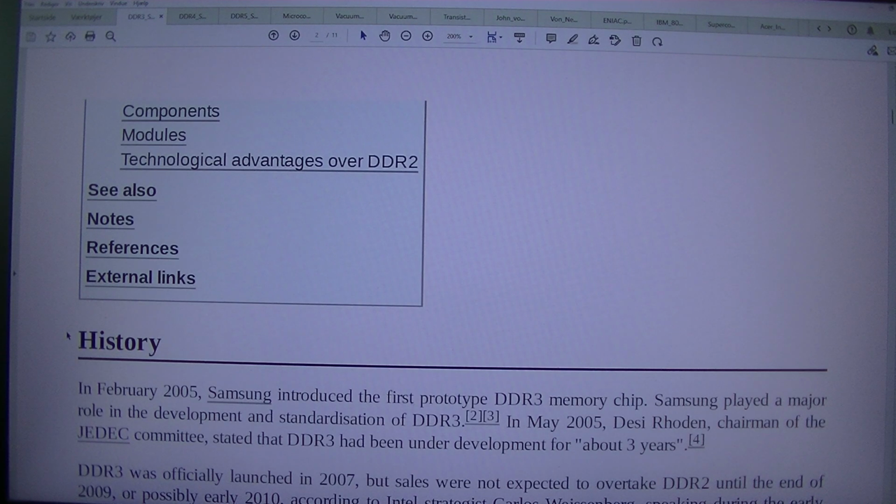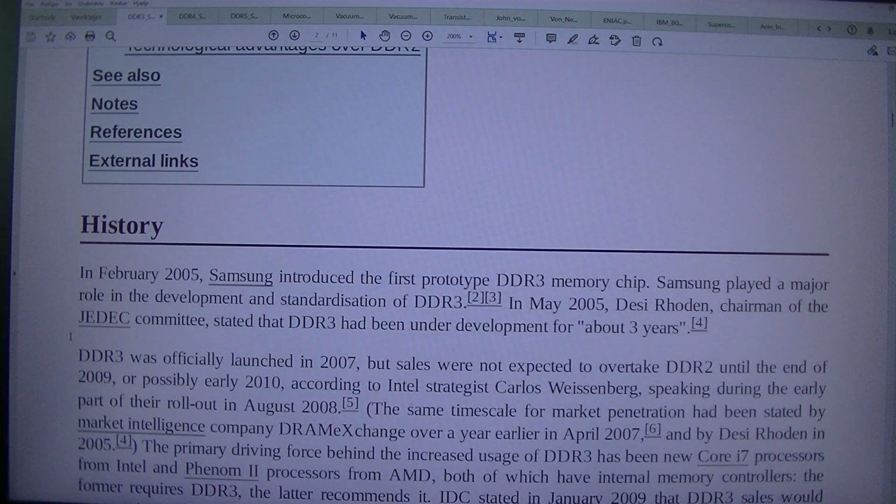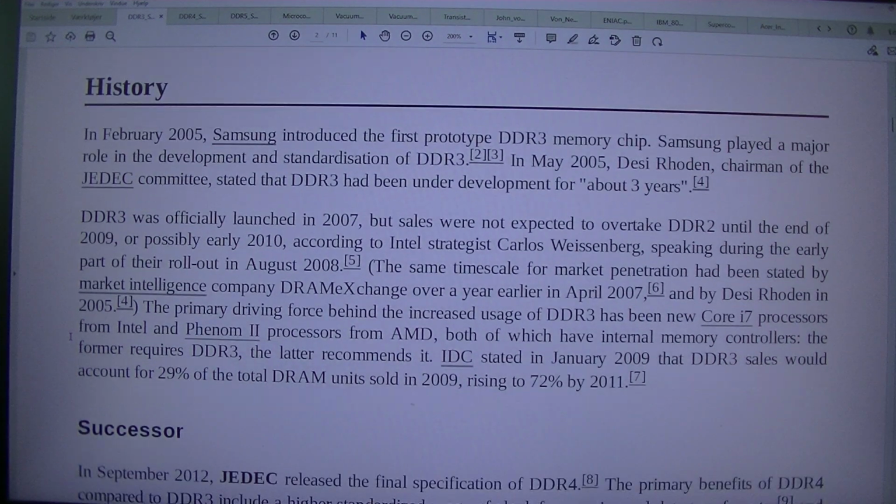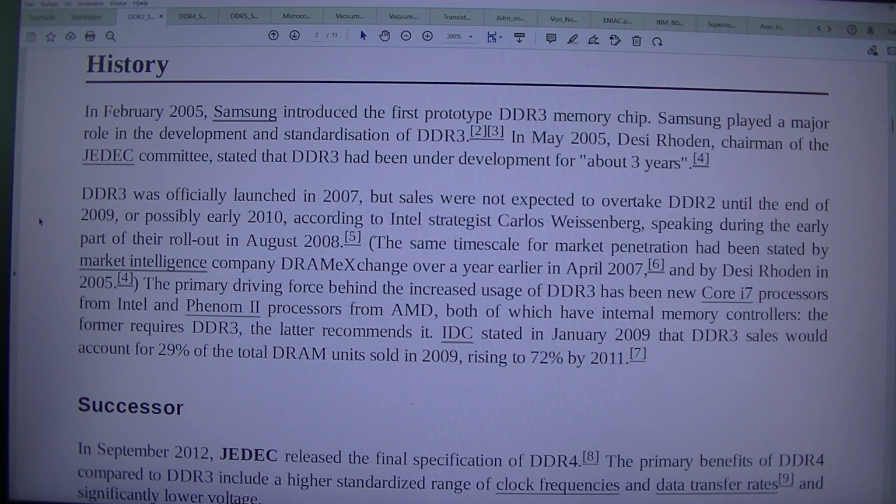History. In February 2005, Samsung introduced the first prototype DDR3 memory chip. Samsung played a major role in the development and standardization of DDR3. In May 2005, Desi Rhoden, chairman of the JEDEC committee, stated that DDR3 had been under development for about 3 years.